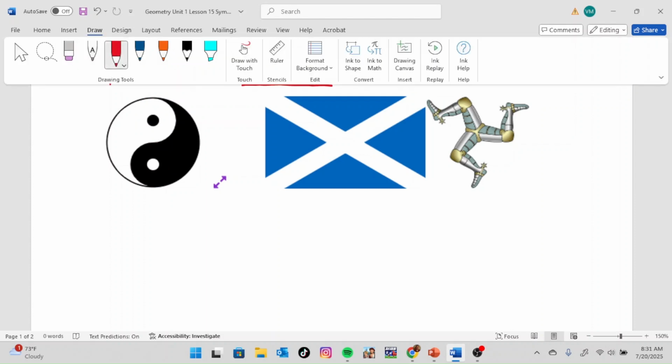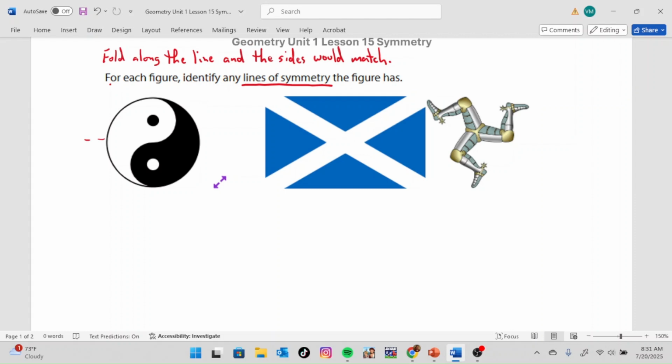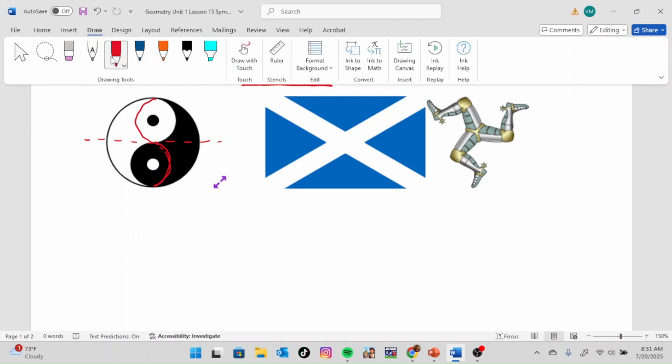If I tried horizontally, I tried to come across like this. Well, if I fold this top down, then this white curve on the right would be out here. And that doesn't match. If I tried to fold it bottom up, then this black curve is going to be out here, and that doesn't match.